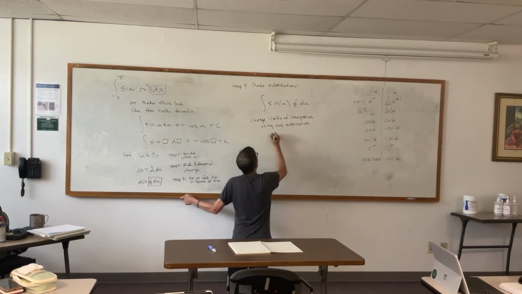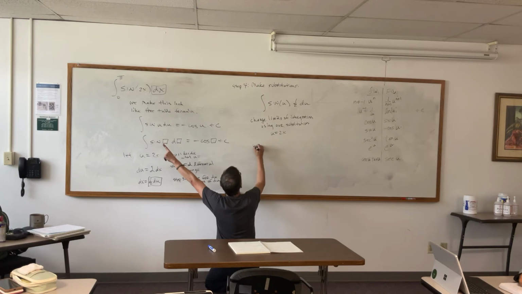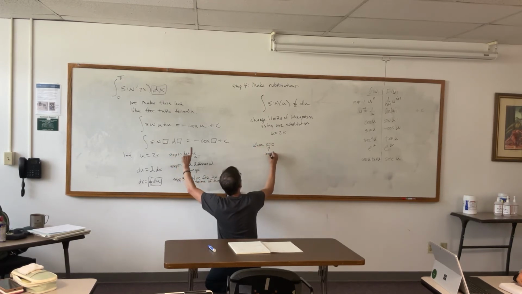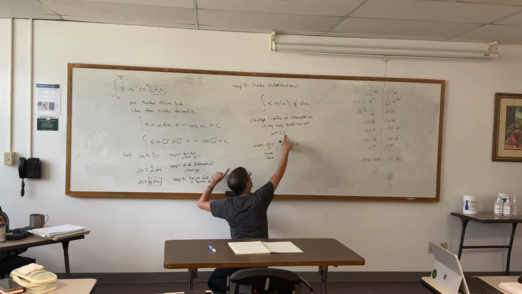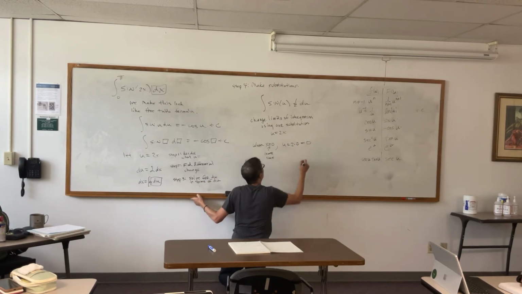So the substitution was u equals 2x. So our original lower limit was 0. So when x equals 0, remember this is our lower limit, u is equal to 2 times 0, because I'm just plugging it in here. What is u when x is 0? And that's still 0.